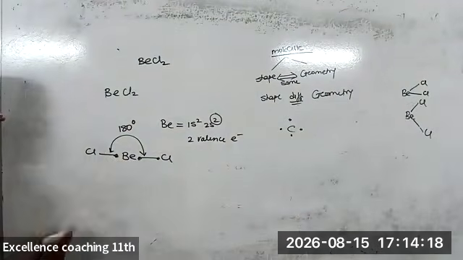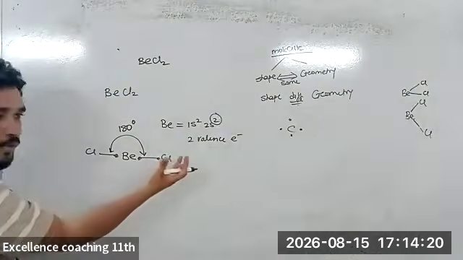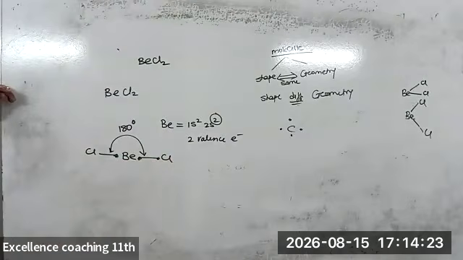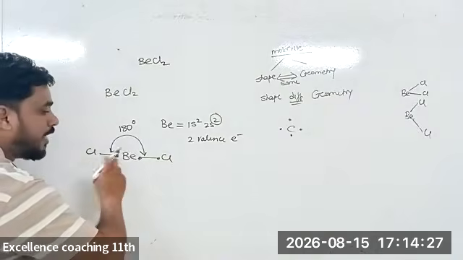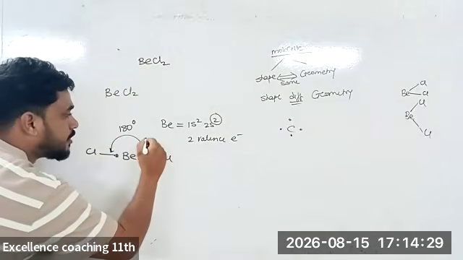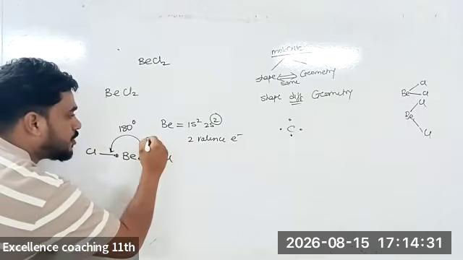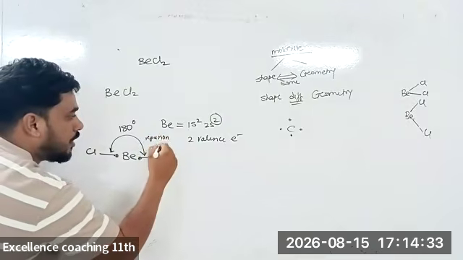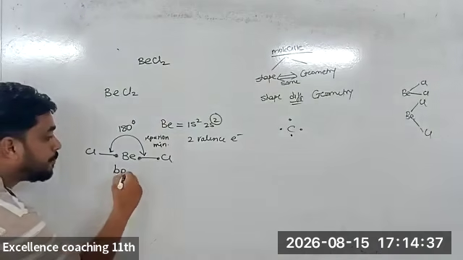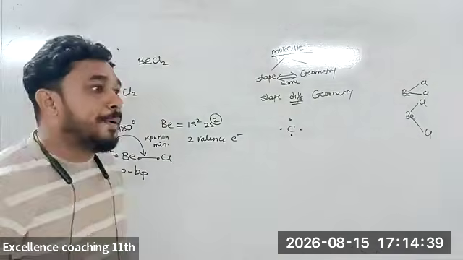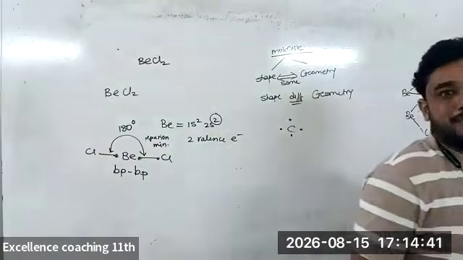First, we took out the valence electrons, and there are 2 valence electrons. So I have bonded both valence electrons with chlorine such that the repulsion is what here? Minimum. BP means bond pair repulsion.